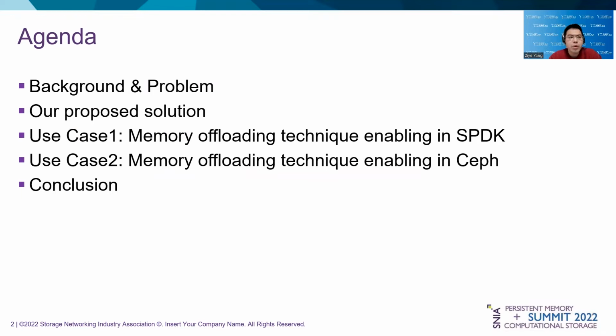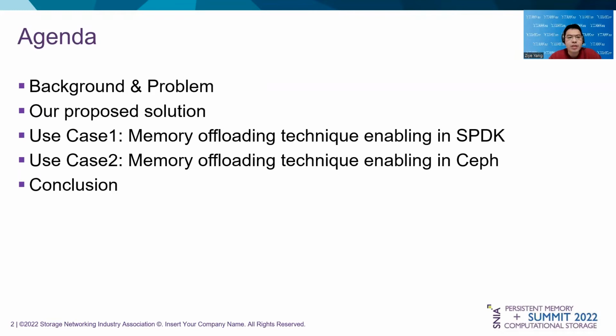Secondly, we will present our proposed solution. We will use a hardware-based memory offloading technique to offload the CPU tasks when doing operations on persistent memory. Then we will give two use cases.